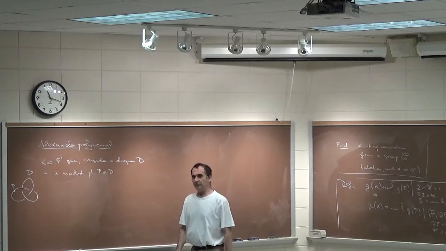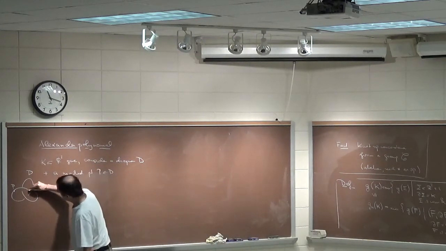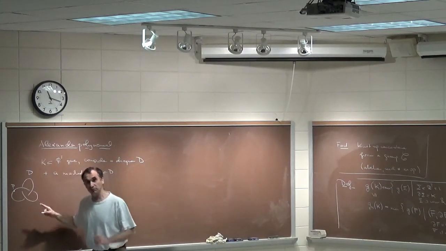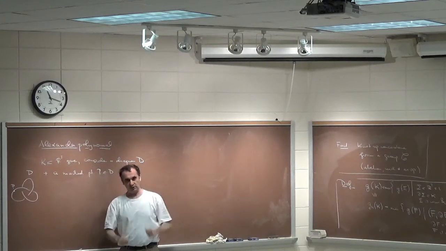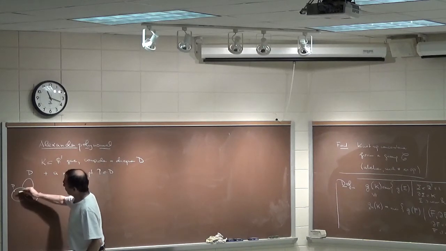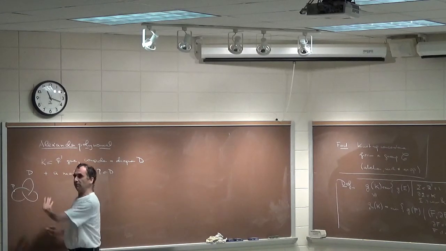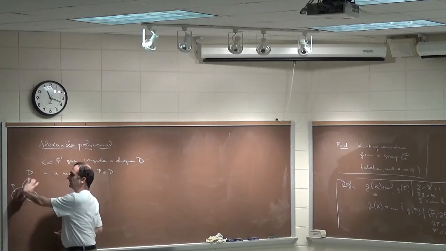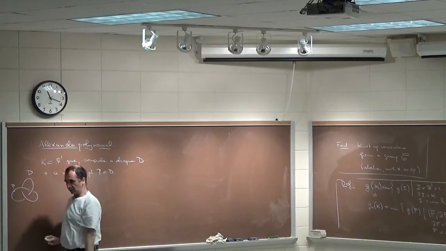Whenever we have a diagram, we can talk about the set of crossings, which are the double points of the immersion, before we record the under-over information of the diagram. And we also see domains in the plane, which are the connected components of the complement of the image.